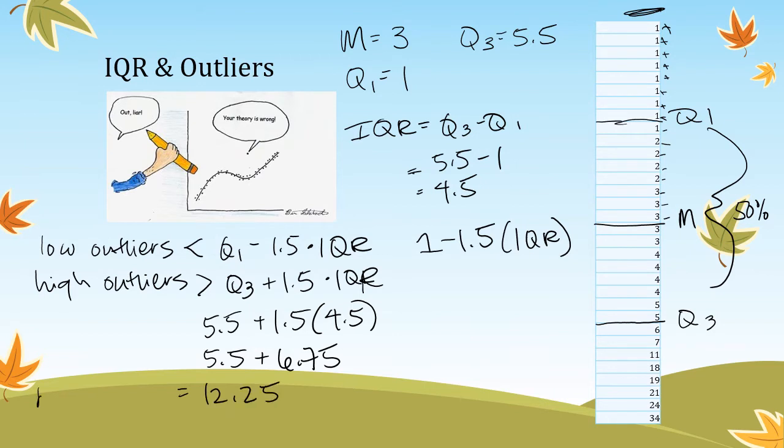It means that high outliers are going to be greater than 12.25. So I'm going to look here and be like, oh, look, 12.25 doesn't exist, but all of these exist, which means there are 5 special teachers who are outliers.